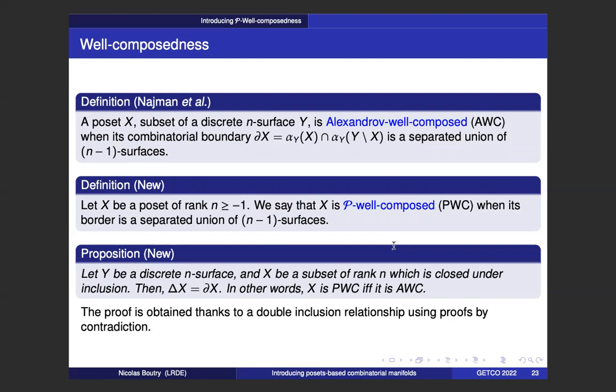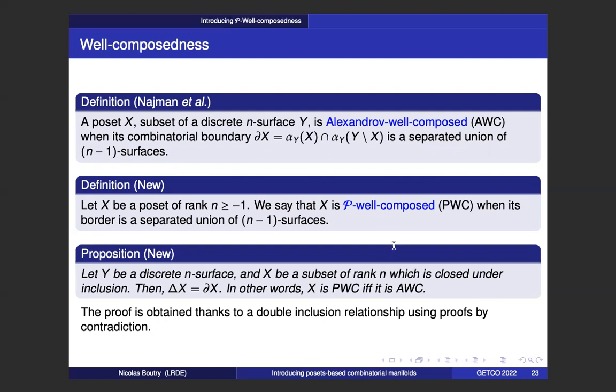In fact, we can make the relation with P-well-composedness. A set is P-well-composed if its border is a separated union of n-1 surfaces. It is almost the same thing.